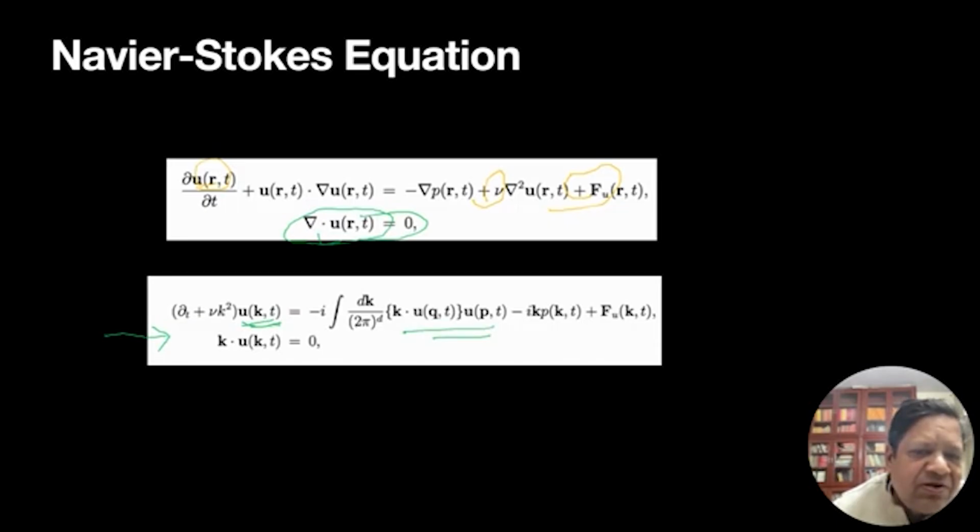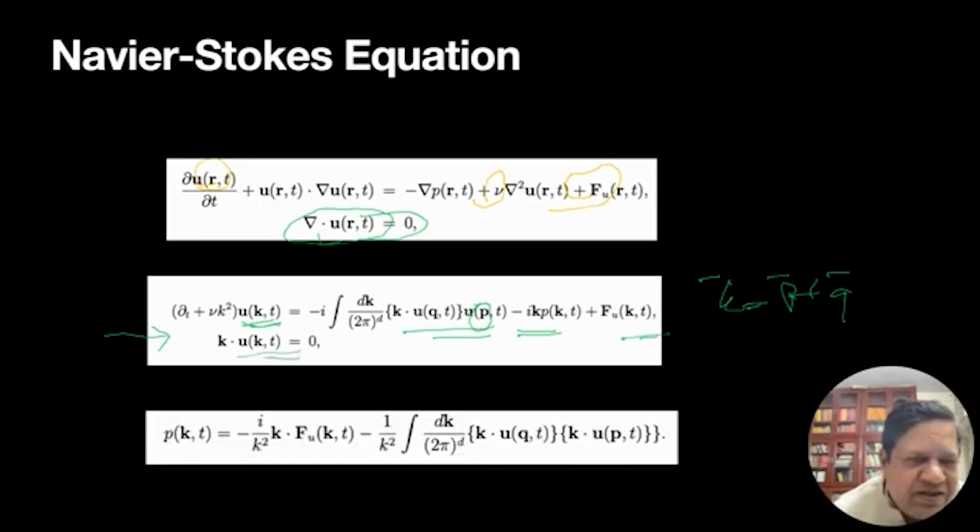Please recall that k equals p plus q. So we sum over all p's for a given k, and q is of course k minus p. The pressure gradient becomes minus i k p, and F(k) is the Fourier transform of f(r). The divergence free condition leads to k dot u(k) equals 0.